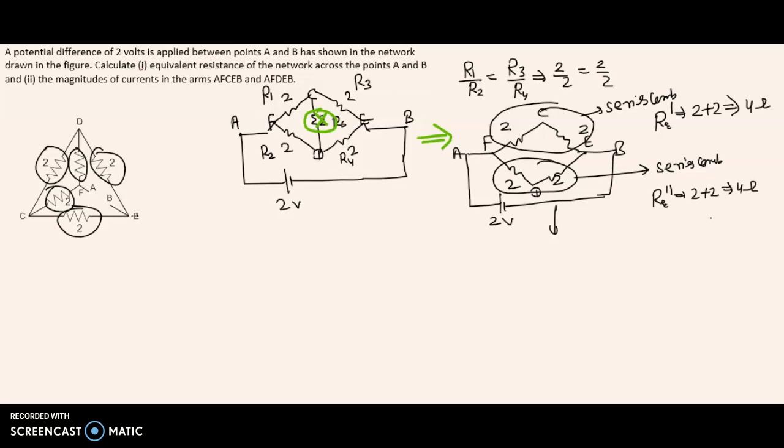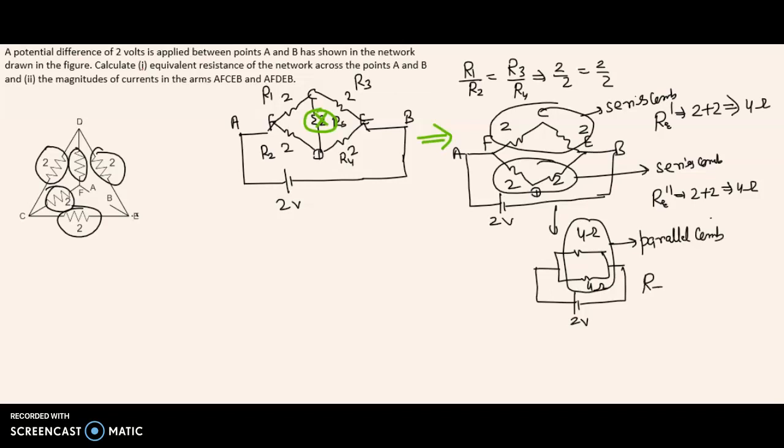Now the diagram is redrawn. It looks like a 2 volt potential difference, 4 ohm and 4 ohm, both resistors in parallel combination.